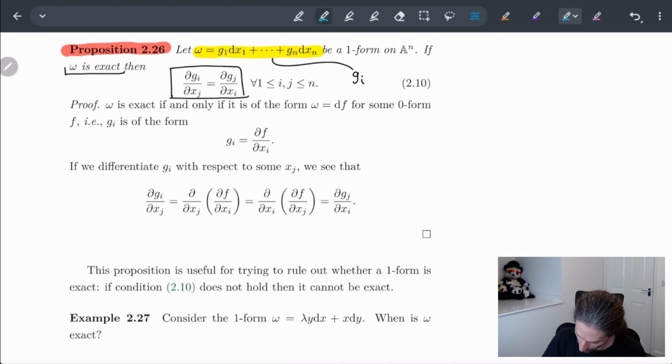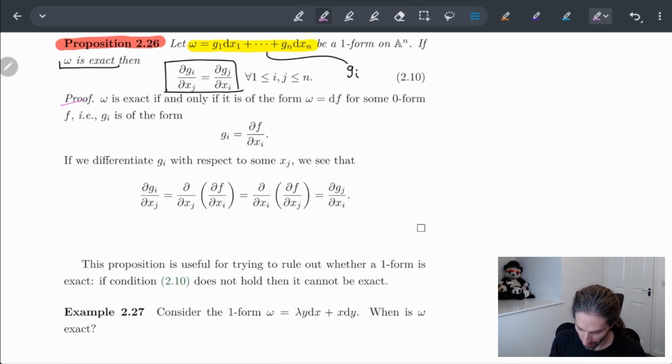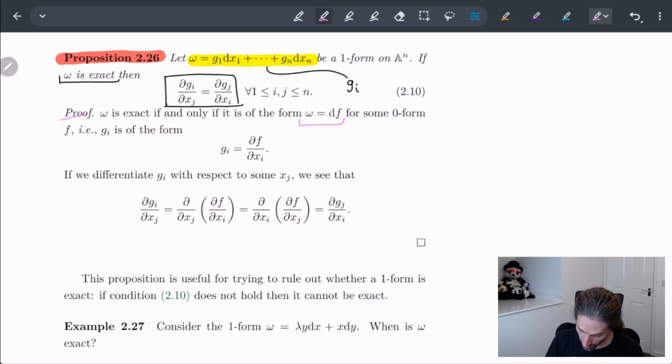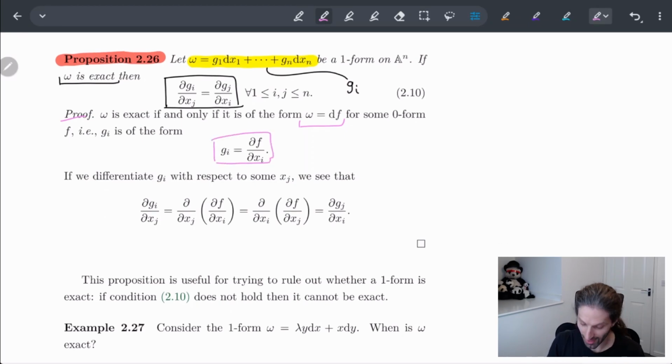So, a quick little proof. In essence, omega is exact if and only if there's some function f where omega is equal to df. This is precisely what we had said. In other words, this is saying that our g_i is precisely of the form partial f over partial x_i. This is what this equality is telling us. Now, we should be able to differentiate with respect to any of the other x's, and remember, this should commute.